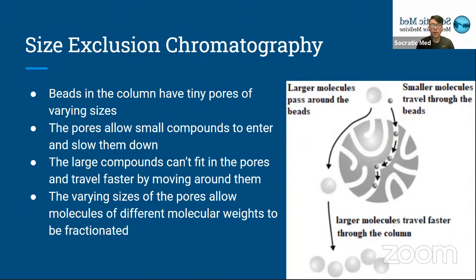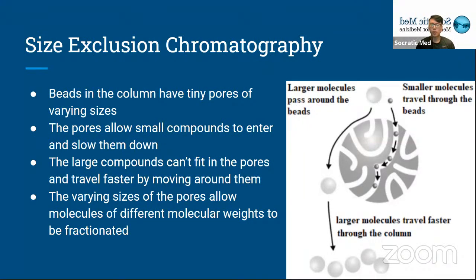The varying sizes of the pores will allow molecules of different molecular weights to be fractionated. So the larger compounds will come out of the column first, while the smaller compounds will be stuck in the pores and will travel slower through the column. This chromatography separates the compounds based on their size.